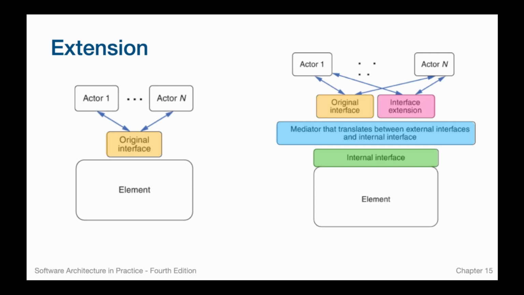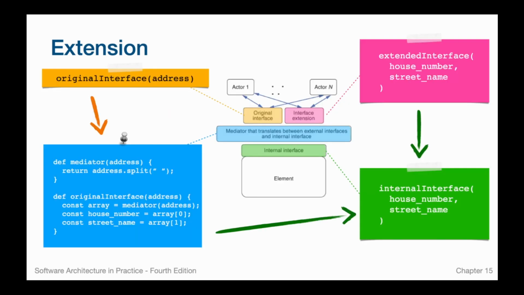So an example of this incompatibility, I tried to draw it out to try to show what this looks like. This is just pseudocode, and just to help get the idea across of what we're talking about. So suppose the original interface assumed that apartment numbers were included in an address string.